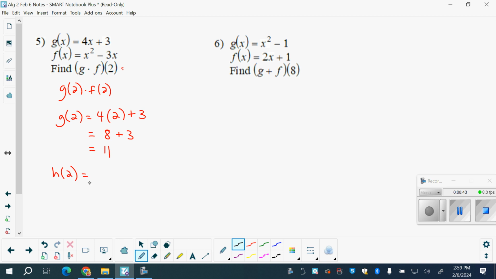H of 2 is 2 squared minus 3 times 2. 4 minus 6, which equals negative 2. And so this dot means multiplication. So we're taking those two answers and multiplying them. So we take 11 times negative 2, which is negative 22.